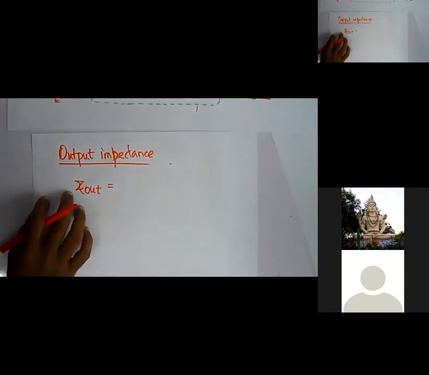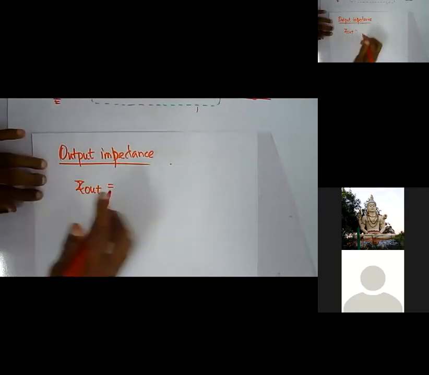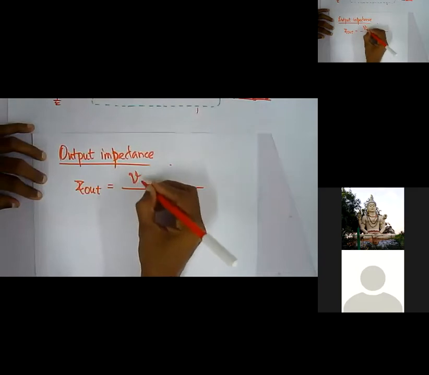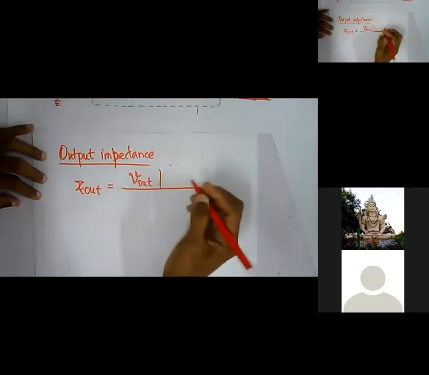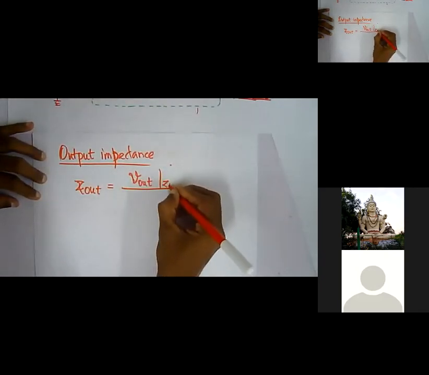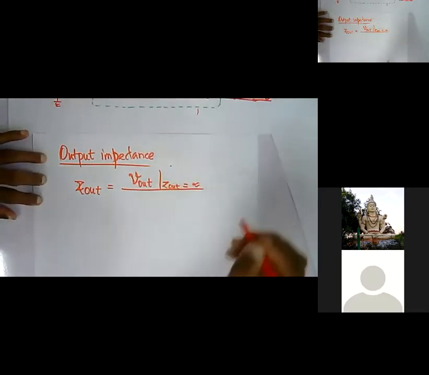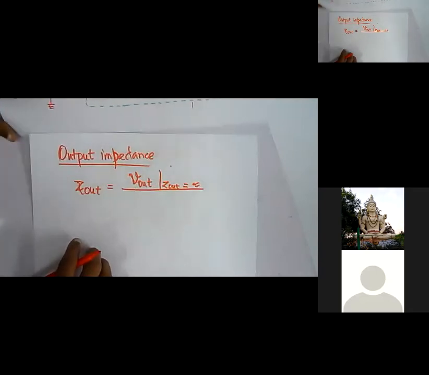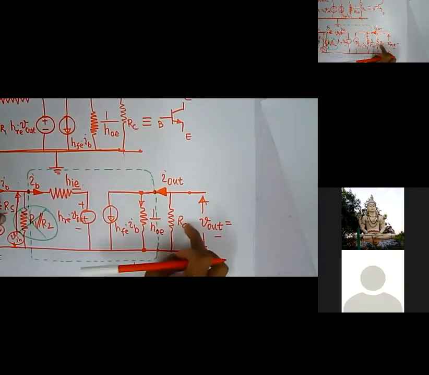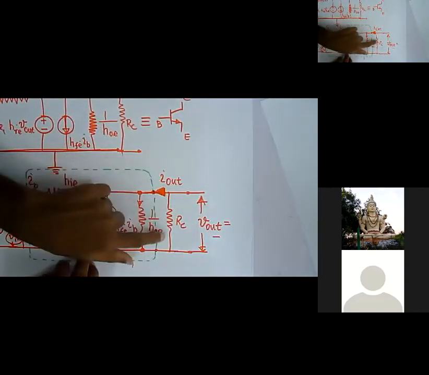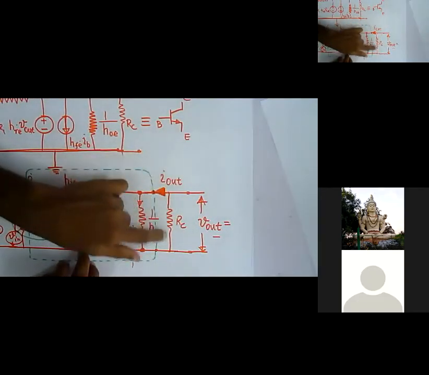So Z out is V out at Z out equals infinity, which means this is your RC, or the output voltage. You need to make it open circuit. This should be infinity, so you need to open circuit this one.